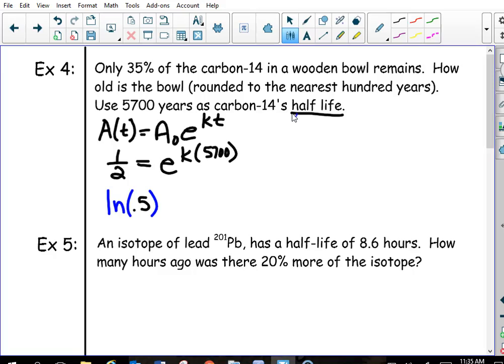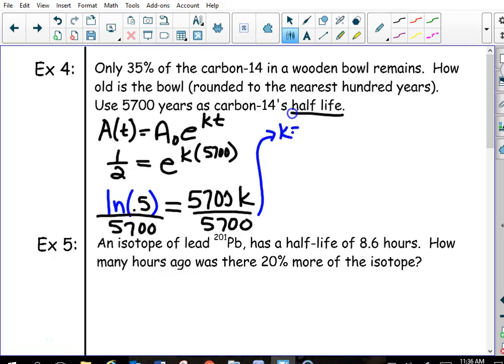Ln of 0.5 is going to be equal to 5,700k, and I'm going to divide by 5,700, which gives us k is equal to ln of 0.5 divided by 5,700. So my equation is A equals A sub 0 e to the ln 0.5 divided by 5,700.